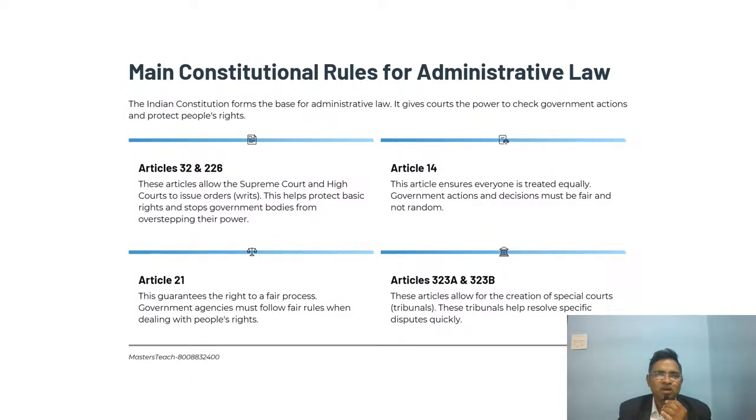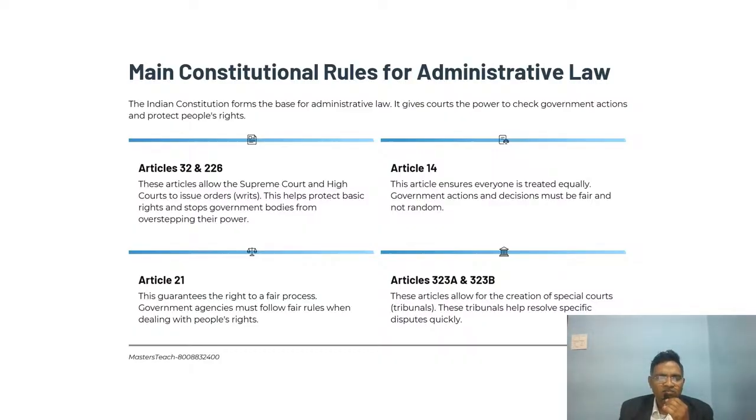So we have to remember Article 32 and 226, through which the Supreme Court and High Courts issue orders, that is writs, so that basic rights are protected. Then Article 14 says that everybody has to be treated equally.